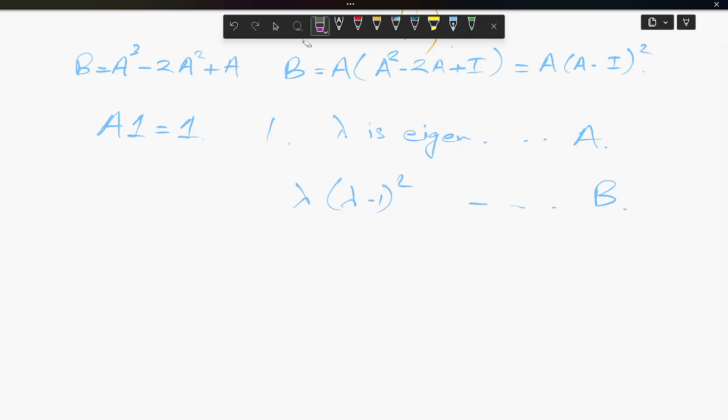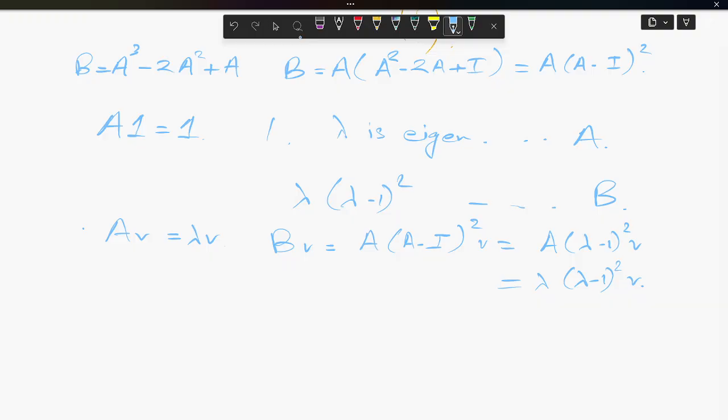So if AV equals lambda V, then BV is equal to A into A minus I whole squared V, which equals A into lambda minus 1 whole squared V, which equals lambda into lambda minus 1 whole squared V. Thus the eigenvalues of B are lambda into lambda minus 1 whole squared, where lambda are the eigenvalues of A.